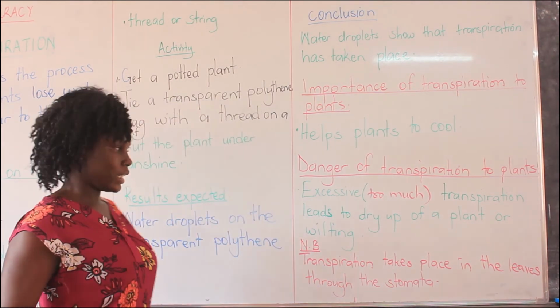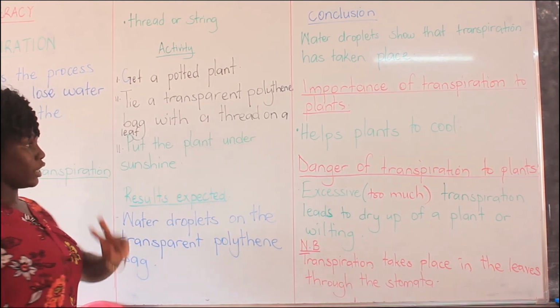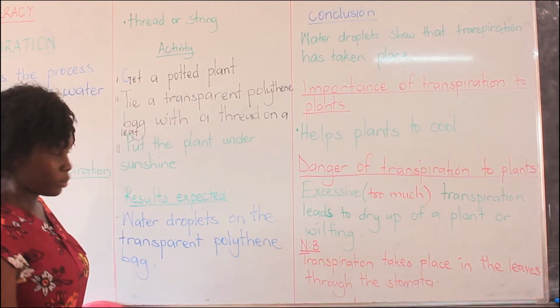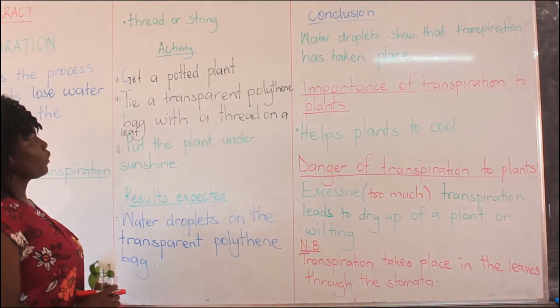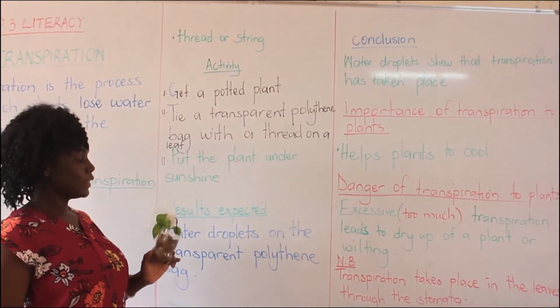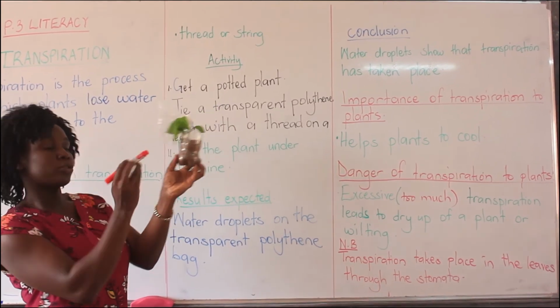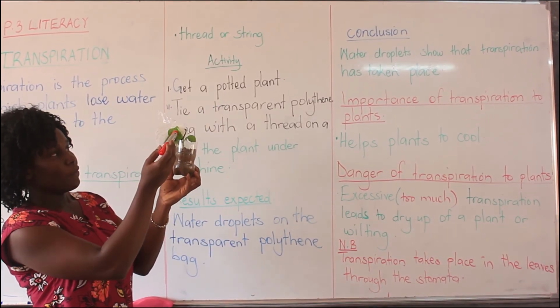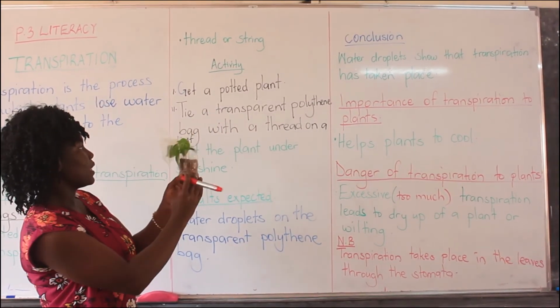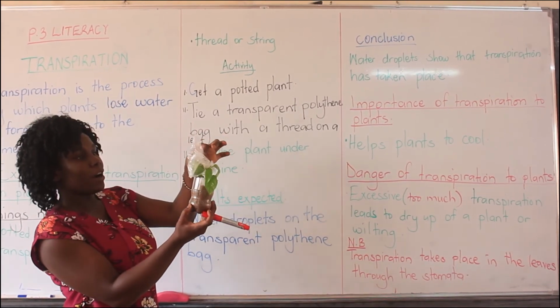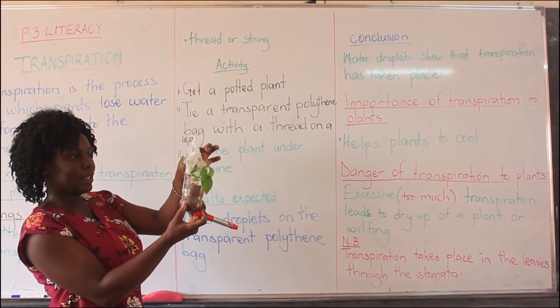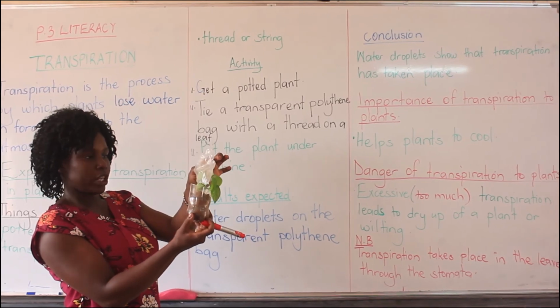Okay, now don't forget my activity. I'm going to give you a written activity like 2-3 numbers, but I'm repeating this first activity. You're going to get a potted plant, like the way you see mine. Get a small container, put loam soil, have a plant there. Then get a transparent polythene bag and a thread or string.